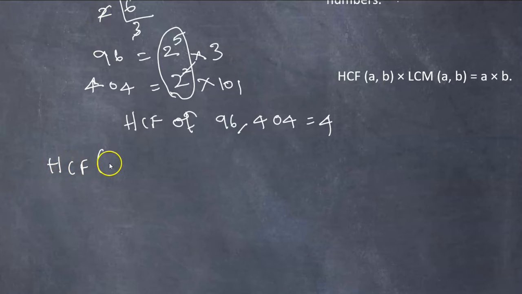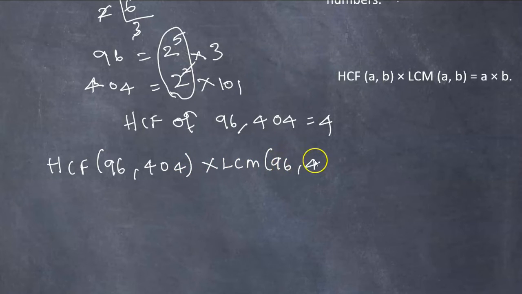HCF of 96 and 404 into LCM of 96 and 404 equals A into B, which is 96 into 404. So we know the value of HCF.